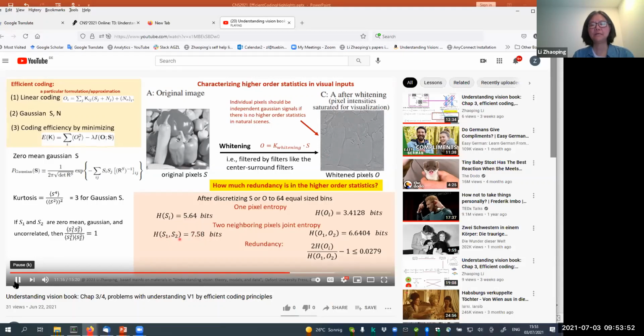So additional pixel does not add much more entropy. So because there's lots of redundancy, yeah, so the joint entropy is not much higher, and the redundancy is almost 50%. And so therefore, from this, one can conclude the higher order redundancy is relatively negligible compared to the lower order redundancies, which we more or less removed by whitening.